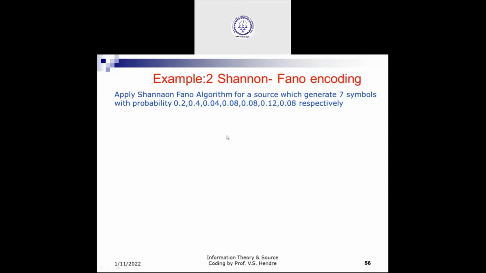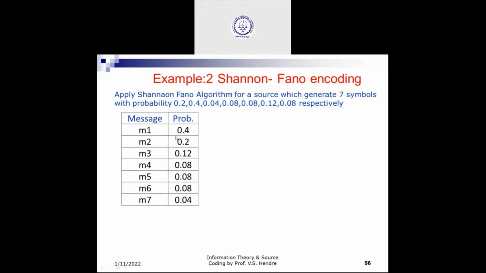So look at the solution. We need to apply the Shannon Fano coding algorithm for a source which generates 7 symbols with the probabilities given. As per step number 1 of the Shannon Fano coding algorithm, we have to arrange all these probabilities in descending order. So M1 is 0.4, then 0.2, 0.12, 0.08, 0.08, 0.08 and 0.04.